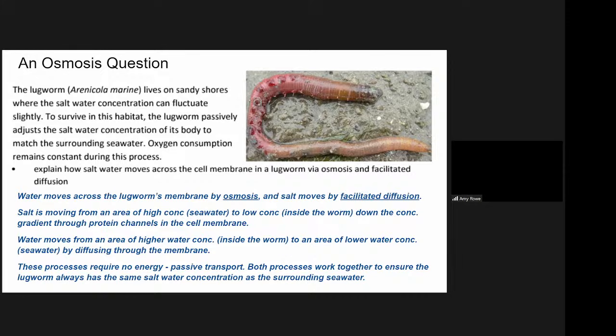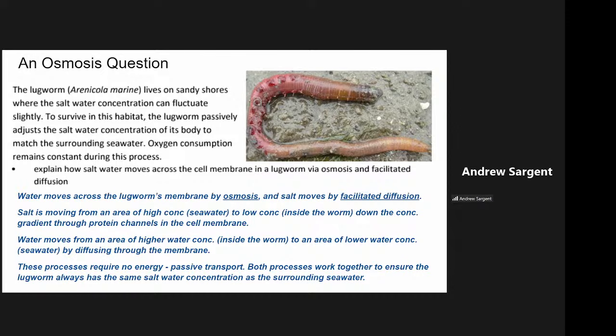It would have been fine to say the opposite as well. So if the salt concentration of the seawater drops, then the inside of the worm is going to be saltier. So the salt will move from inside of the worm through those protein channels towards the seawater. Remember, our worm is just trying to match the salt concentration of the seawater.